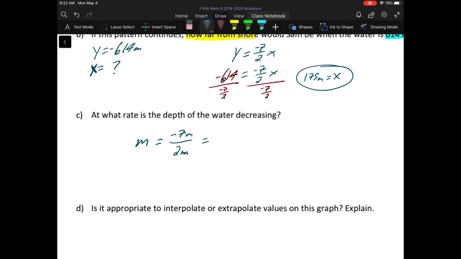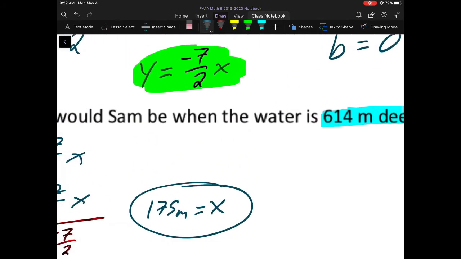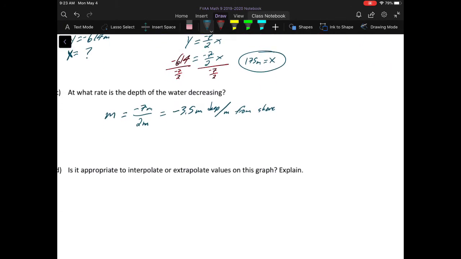Or you could say negative 3.5 meters deep per 1 meter from shore. You don't have to say 1 per meter from shore, we can simplify that even more: negative 3.5 if you prefer. You could have done that up here as well as your rate of change. That would have been fine also.